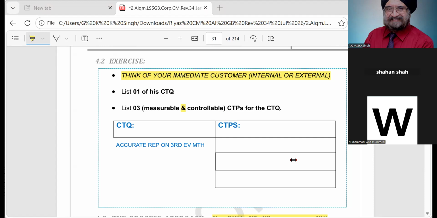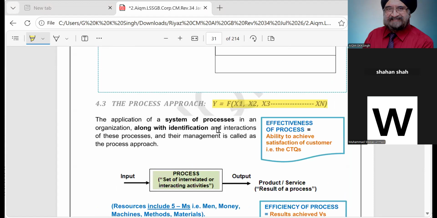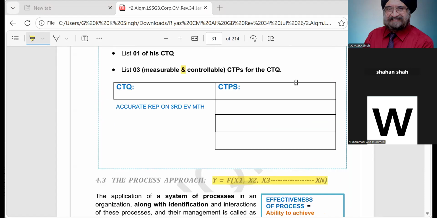So basically data collection on time, data accuracy, and providing 1 day to complete the report. These will become critical to process. If we do these CTPs correctly, we will achieve our CTQ. That is the concept we are talking of in this chapter, CTQ and CTP.